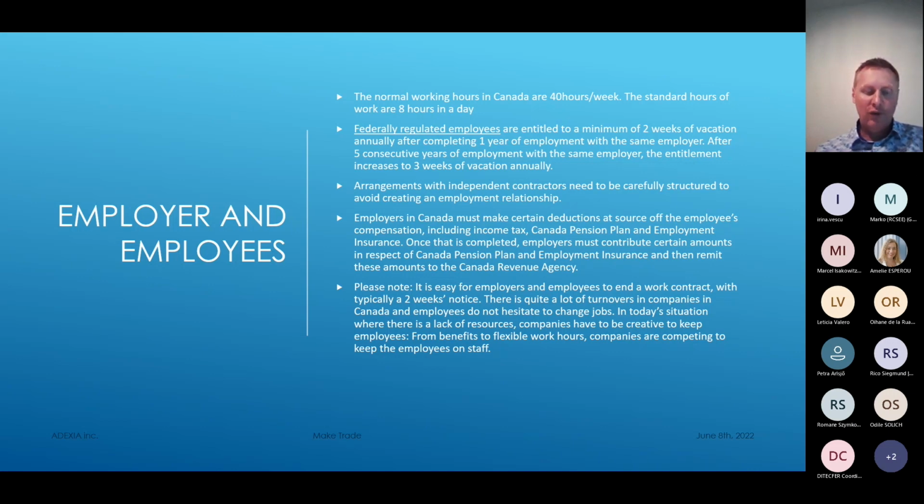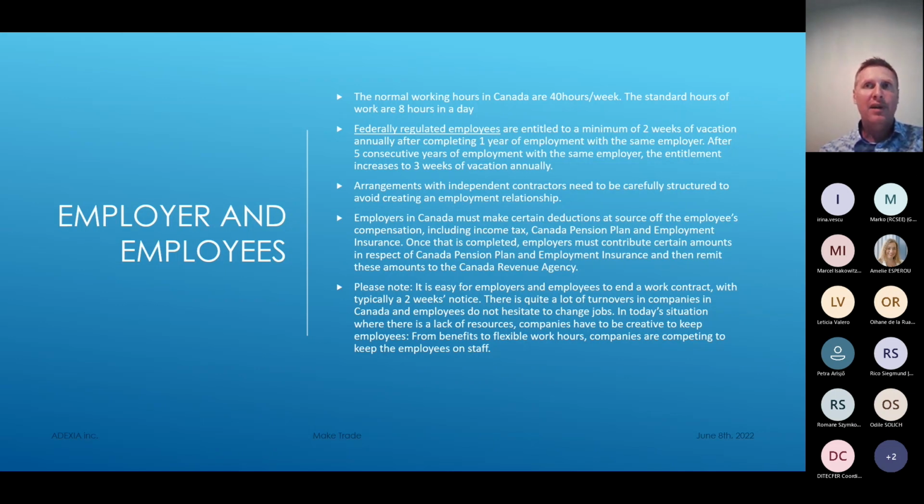One of the things you always have to be careful about, especially when you have a subsidiary and you don't have a lot of staff yet, and so you start working with contractors, is to make sure that your contract with your contractor makes it very clear that there is no employer-employee relation.